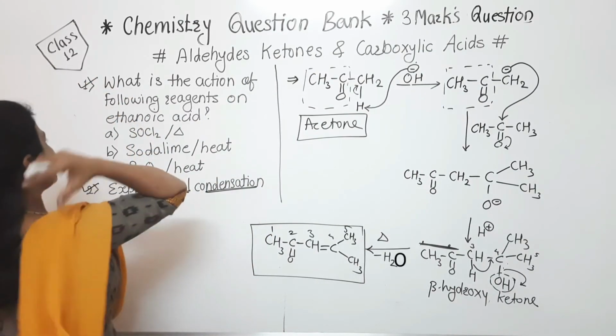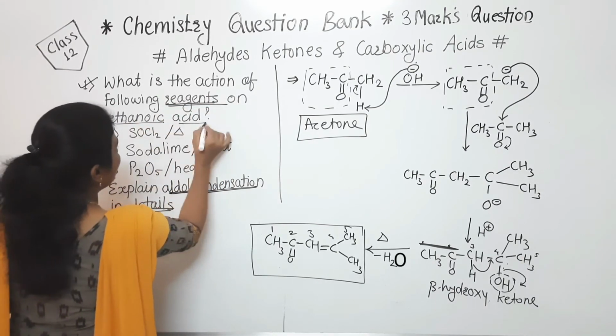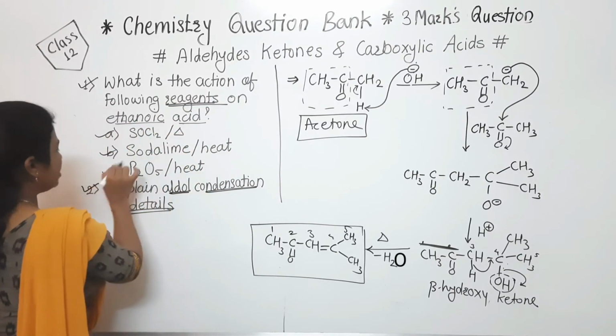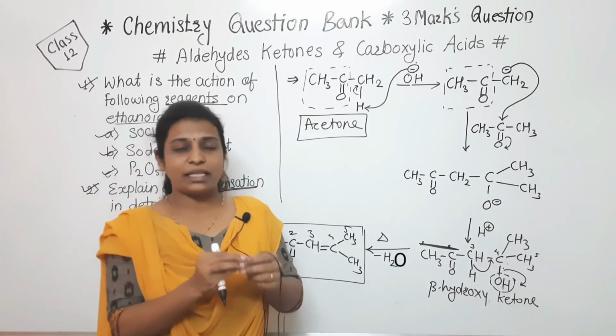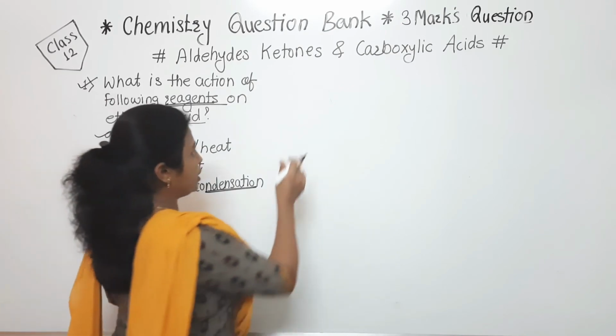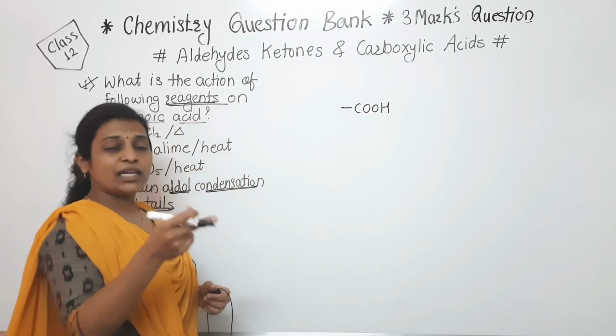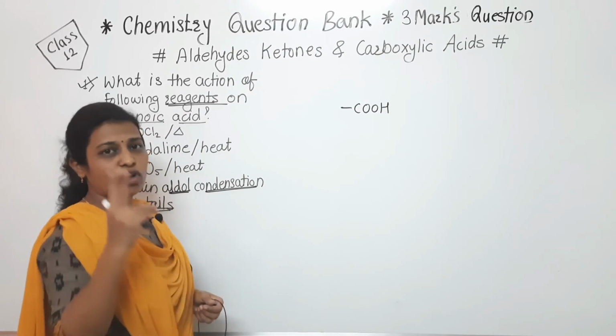What is the action of the following reagents on ethanoic acid? They have given 3 reagents and we have to apply them to ethanoic acid. Now what is the structure of ethanoic acid? It means there is a presence of the COOH group. Ethanoic acid means how many carbons will be involved? 2.